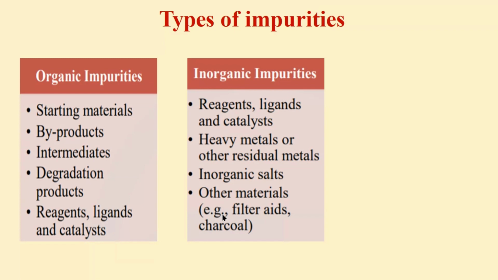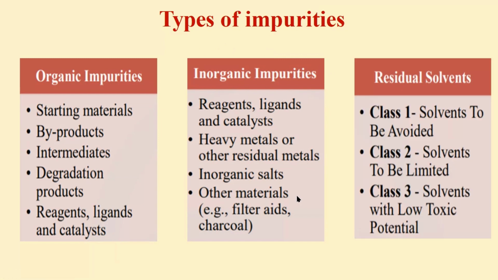When it was manufactured, the metallic components used in the manufacture had heavy metals as an impurity that got imbibed into the final product of Maggi. That's why the manufacturing process we use can introduce inorganic impurities. The inorganic salts we use, the charcoal we use for purification to remove the coloring material, and the filter aids we use for filtration can all be of inorganic nature, and that comes under the category of inorganic impurities.